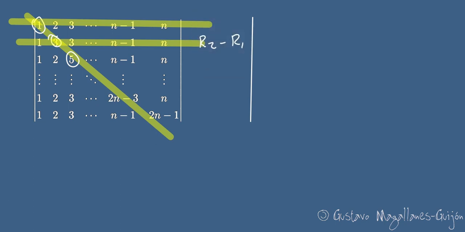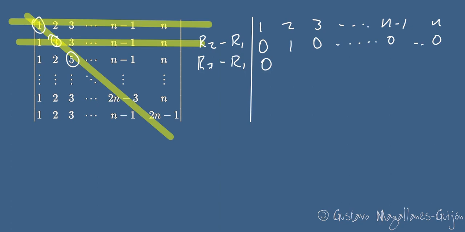We have 1, 2, 3, and minus 1, and we have 0, 1, 0, 0, 0. And what will happen? We subtract row 1 from row 3: 0, 0, 2, 0, 0.